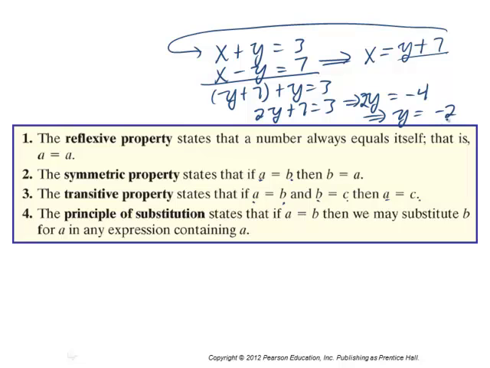And then finally, if y is equal to negative 2, then x must be equal to, if you plug in negative 2 for y there, that means that x is equal to 5. Okay. So anyway, here are the 4 properties that the equality relation holds for real numbers.